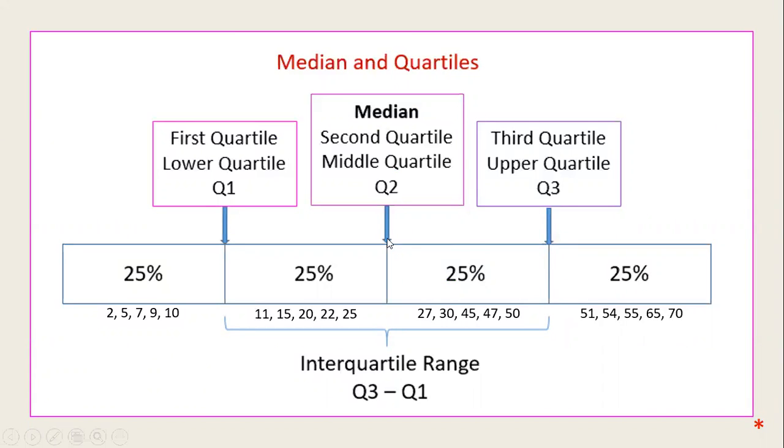The second quartile, or Q2, is always the median because it splits the distribution of scores into two equal halves, with 50% of the scores on the left side of the distribution and the other 50% of the scores on the right side of the distribution.